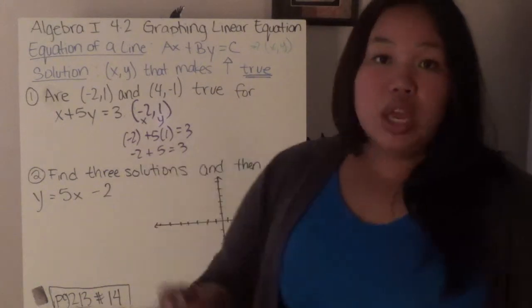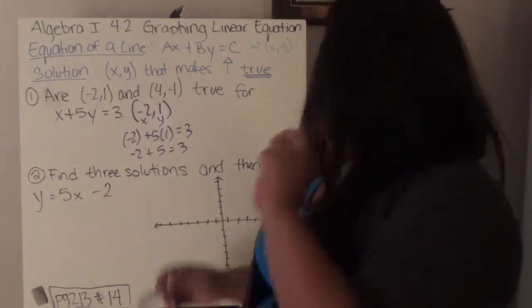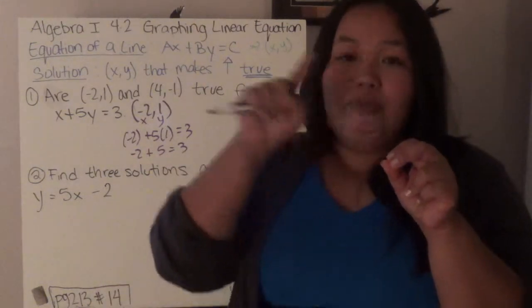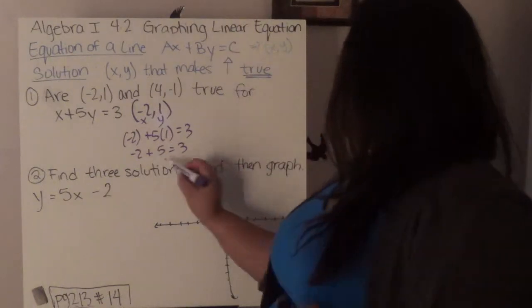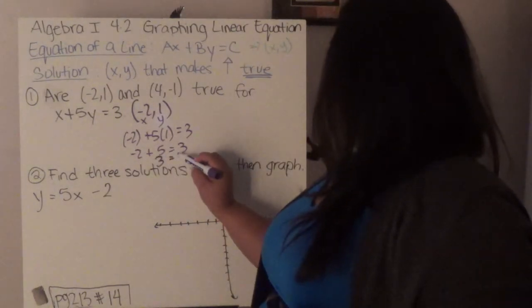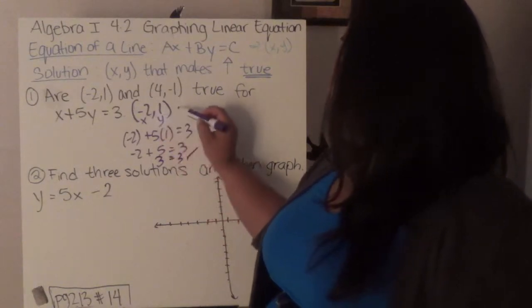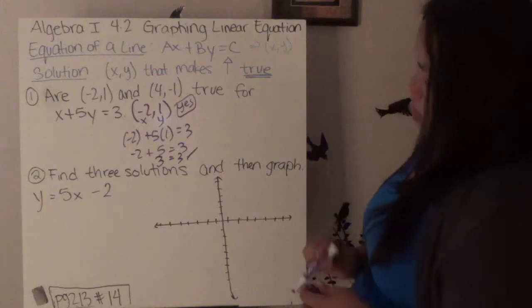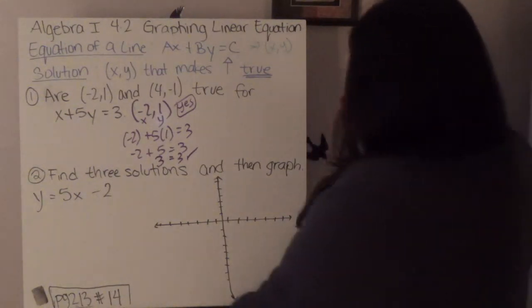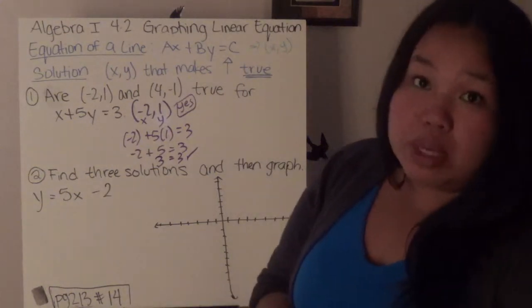Negative 2 plus 5: I start at negative 2 on the number line and go up 5, past 0 to 3. So negative 2 jumping 5 gives me 3. So 3 equals 3. Because they're equal to each other, negative 2, 1 is a solution. See how that works? If I had something like 5 equals 3, which is not true, then it wouldn't be a solution.